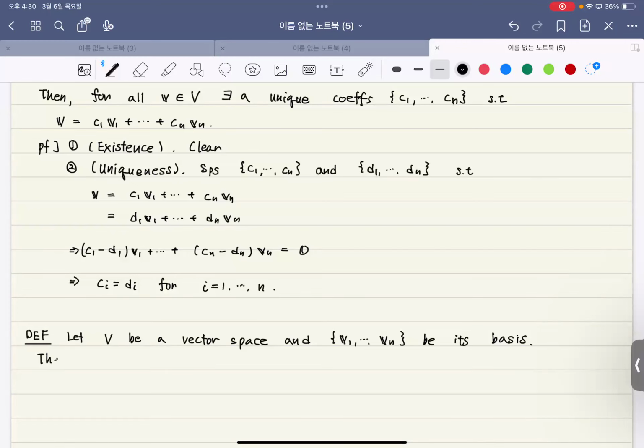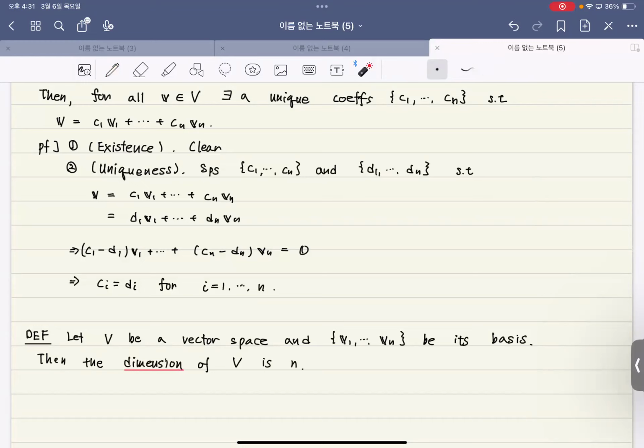Then the dimension of V is n. Okay, so this is the definition of the dimension.